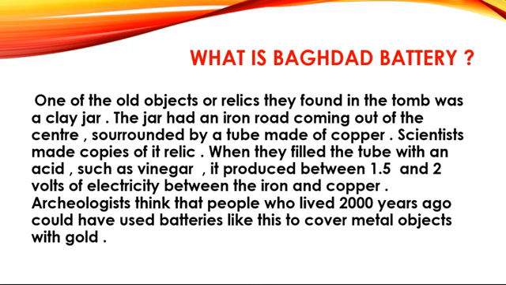And when they filled the copper tube in the center with an acid such as vinegar, it produced between 1.5 and 2 volts of electricity between the iron and copper. So they are using this type of thing as a battery.